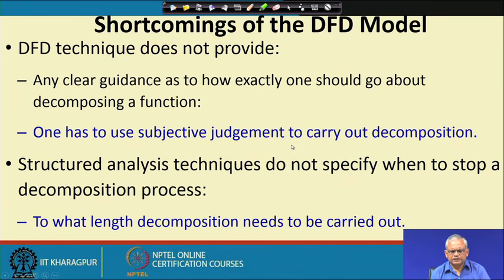We just said to look through the activities that are to be carried out by that process or bubble, and then identify the sub activities, and those sub activities become the processes or bubbles in the next level. But that is subjective, because different designers may come up with different sub functions, and they will come up with different DFD representations.